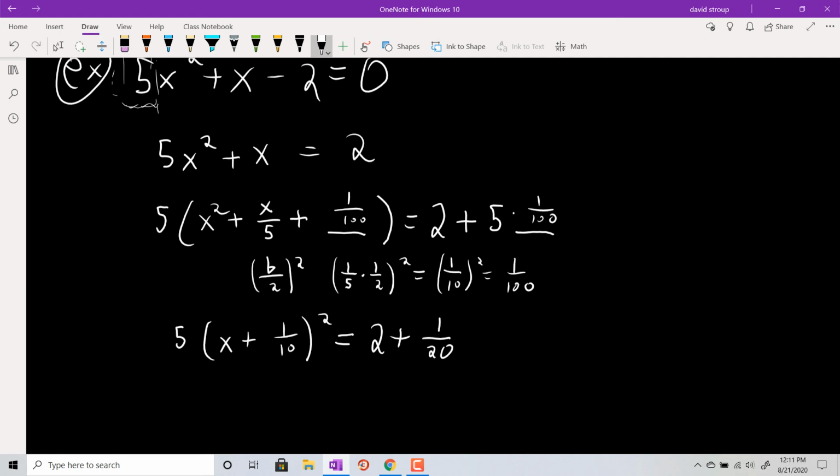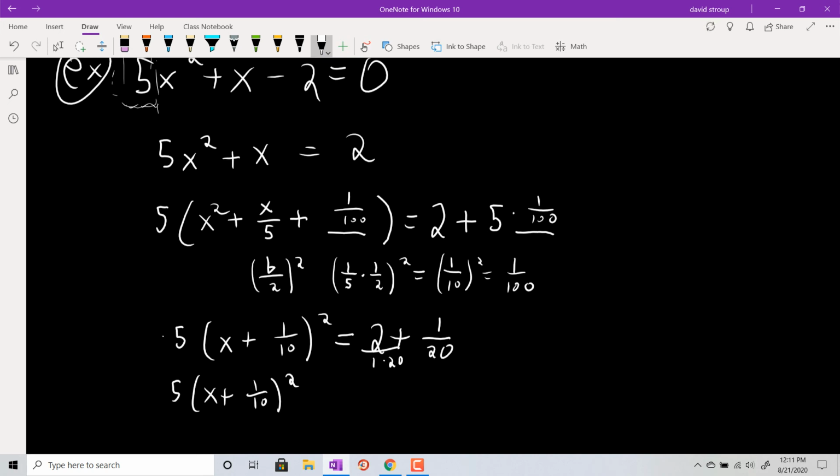And then I want to isolate the x plus 1/10. So I'll multiply both sides by 1/5. Well, first let's simplify the right-hand side. We can combine those. Need a common denominator of 20.